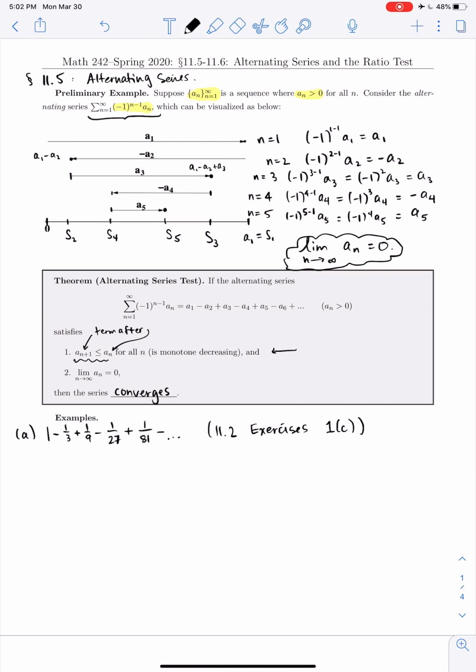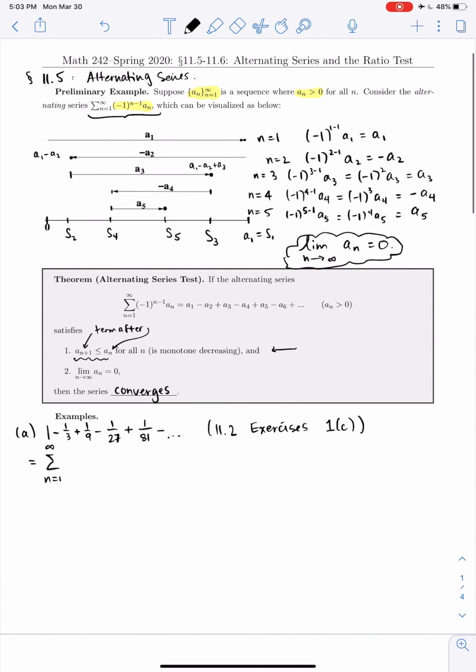Okay, so 11.2 was an introduction to series and specifically looking at geometric series. What we actually showed in that worksheet was that this series can be written as negative 1/3 raised to the n minus first power.